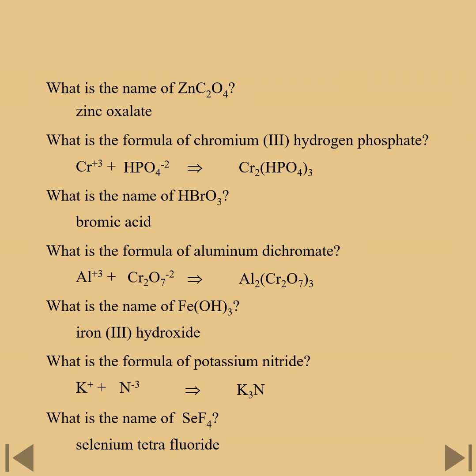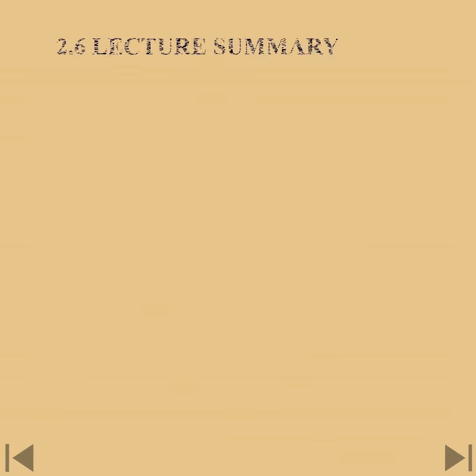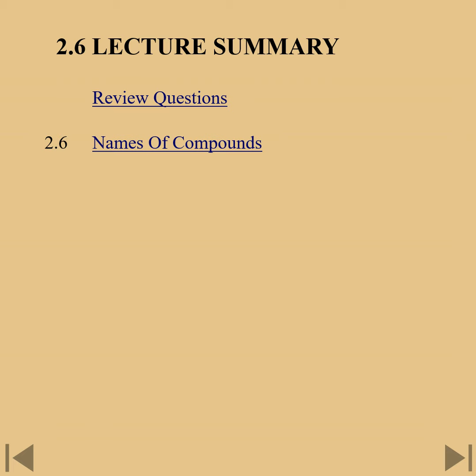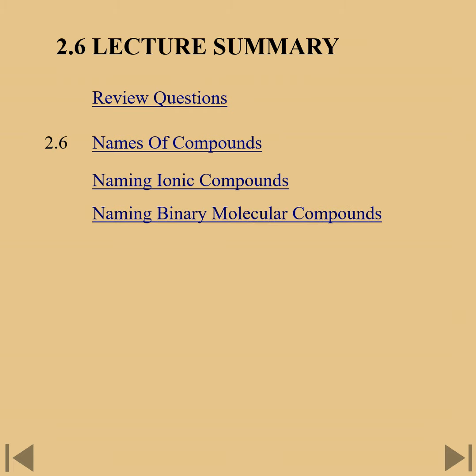Okay, that's the end of our lecture where we learned about compound names, beginning with ionic compounds. And ionic compounds contain ions, and they're named with the name of the cation, followed by the name of the anion, and so we spent a lot of time learning the names of the individual ions. We then learned about our molecular binary compounds, where we use the prefix system to indicate how many of each. And then we learned to name acids.